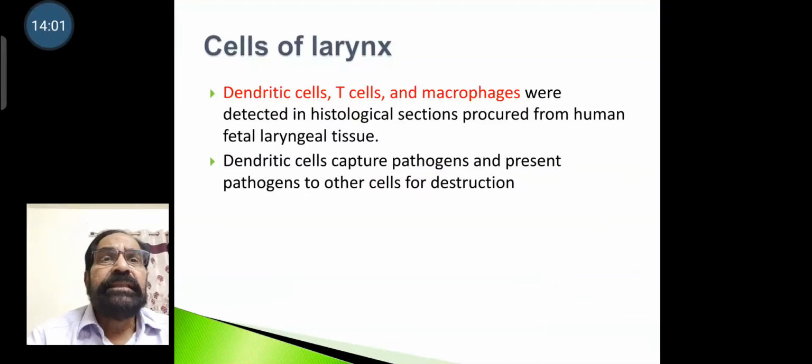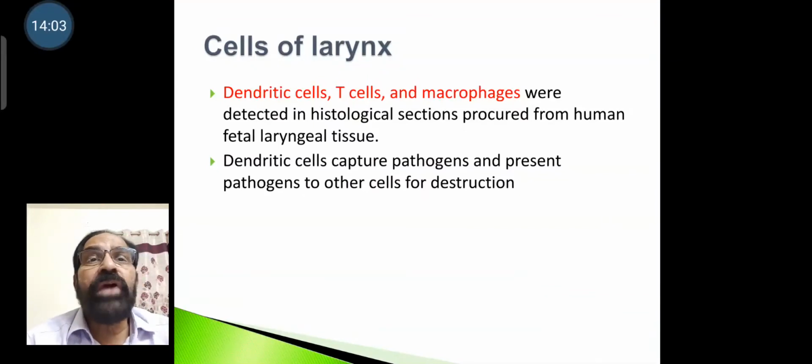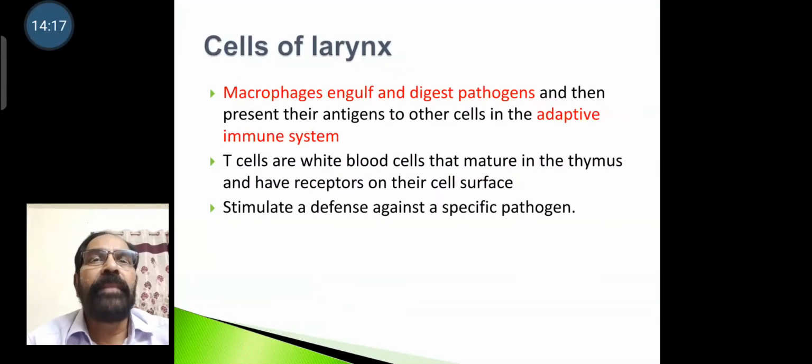Dendritic cells, T cells and macrophages were detected in the histological sections procured from human fetal laryngeal tissue.